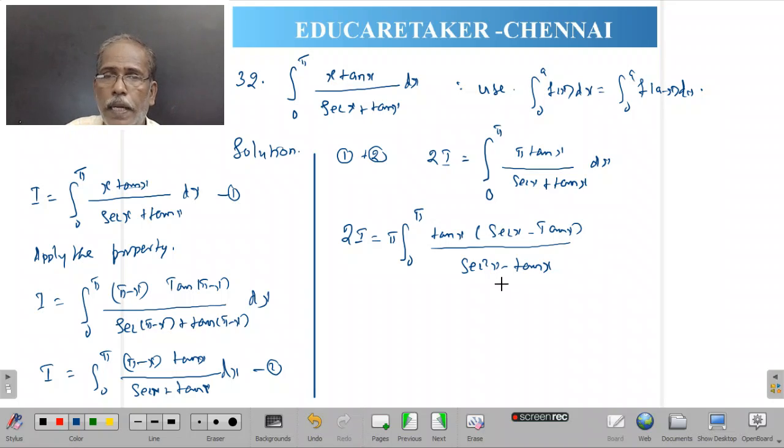So the denominator is secant square x minus tan square x, one identity. This is 1 by cos square x minus sin square x by cos square x, so 1 minus sin square is cos square by cos square, the denominator is 1, dx.